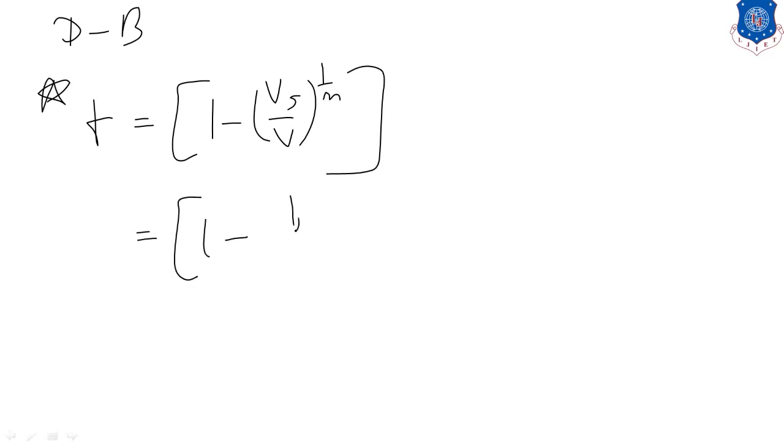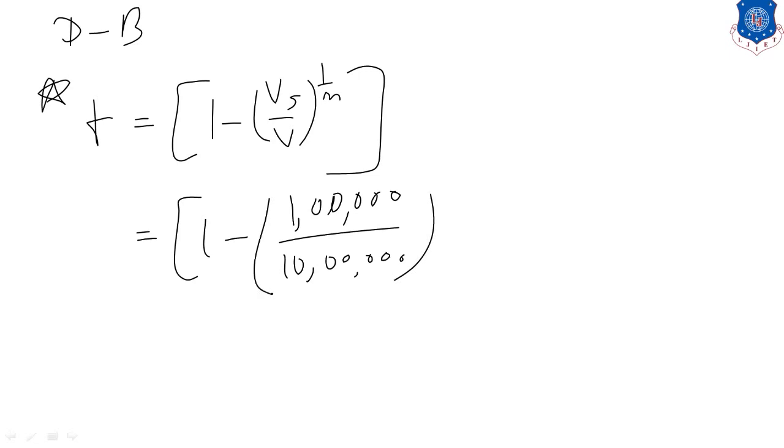Vs means salvage value, which is 1 lakh rupees, upon the original value, which is 10 lakh rupees, whole raised to 1 upon n, which means service life, which is 10 years. So we will get this factor 0.2056.